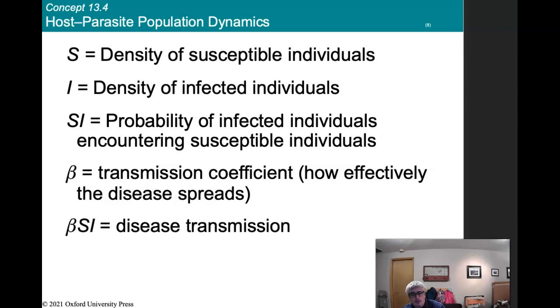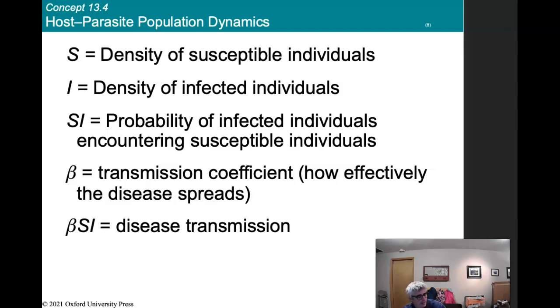Beta is the transmission coefficient, how effectively the disease spreads. So if we want to calculate disease transmission, we need to know the density of susceptible and infected individuals. The higher those numbers are, the more likely they are to bump into each other.